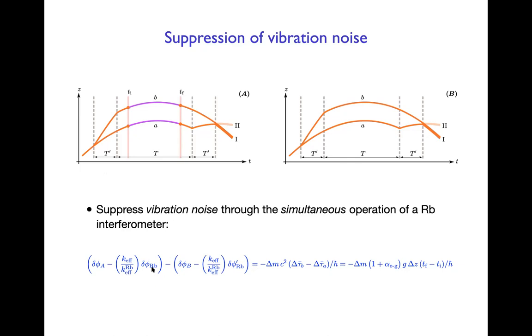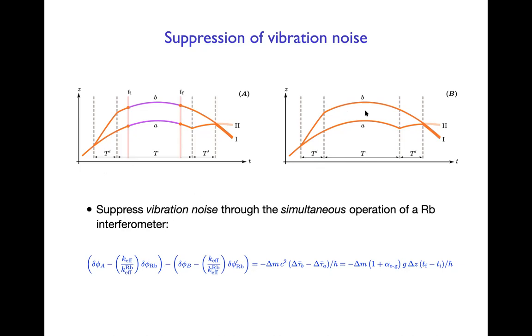And basically the idea is that you then use a rubidium interferometer, which would have exactly the same form as for the ground state of your ytterbium atoms, with laser pulses applied with the same time separations, but with different frequencies that efficiently diffract the rubidium atoms, but basically do nothing to the ytterbium atoms.